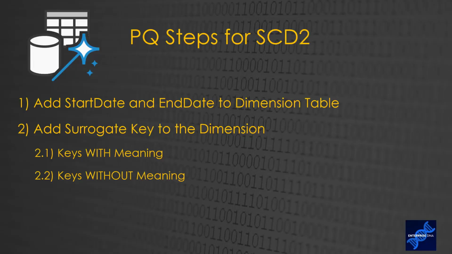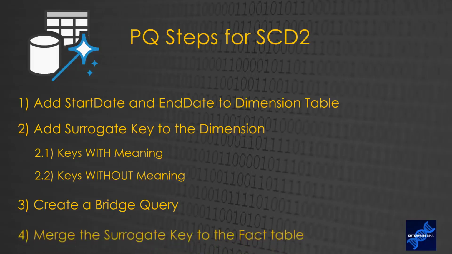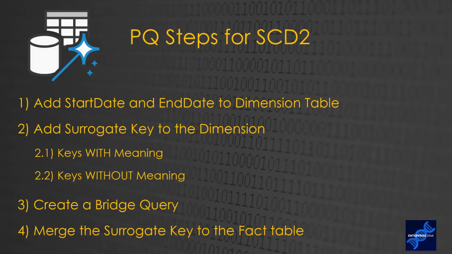I'll tell you about the advantages and disadvantages for each of them. Then, after we have the surrogate key in the dimension table, we have to create a bridge query and then merge the surrogate key into the fact table. Let's move to Power Query and show you what I mean by this.